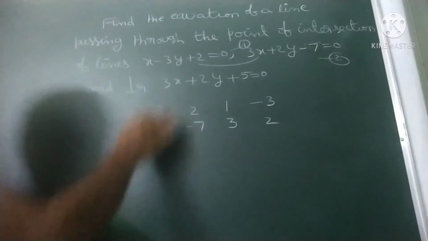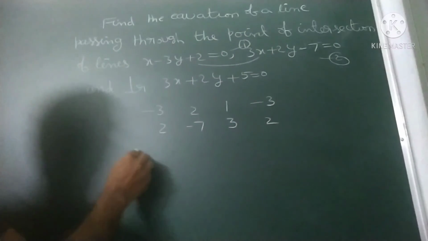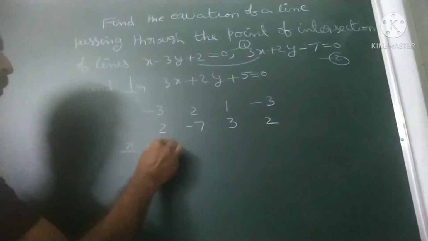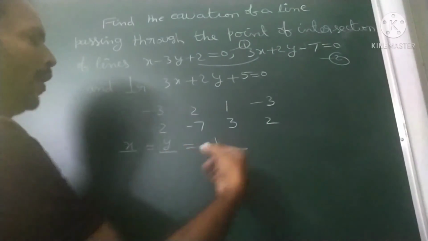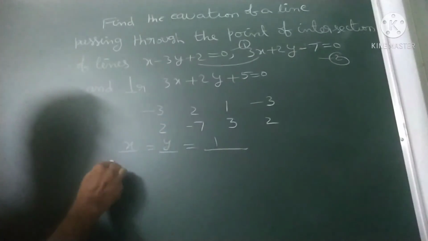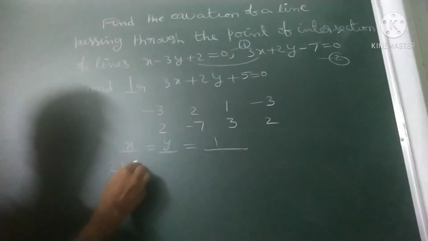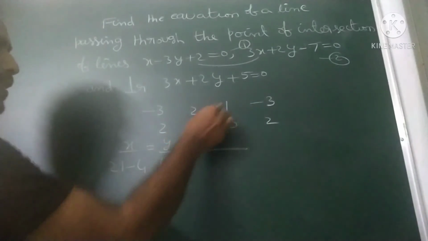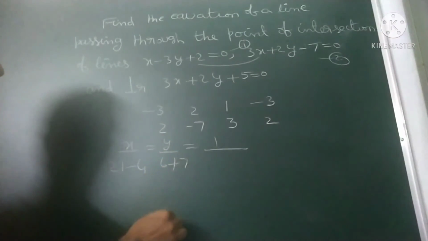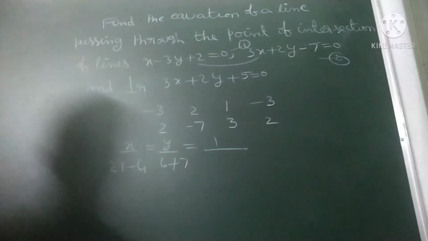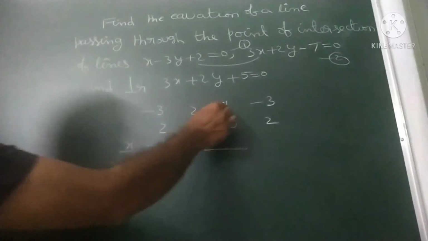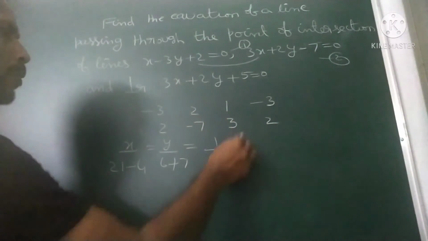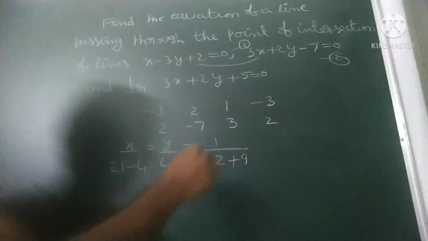Solving these two equations you will get one point. Now x by y by 1 by 21 minus 4, 6 minus 7 means plus 7, and 2 plus 9.